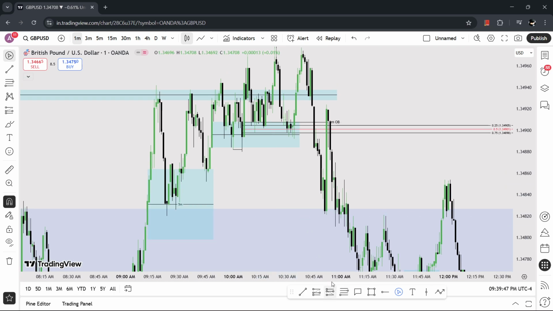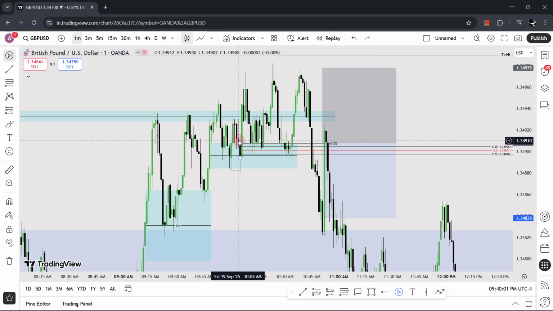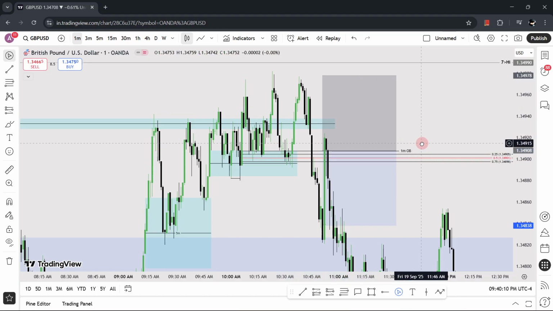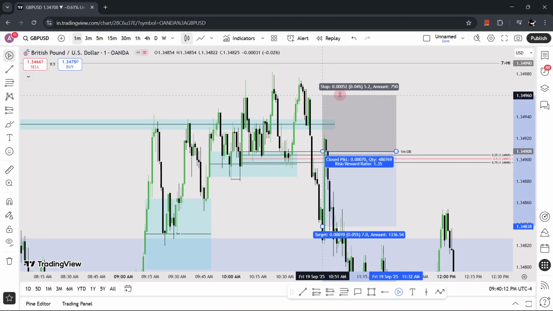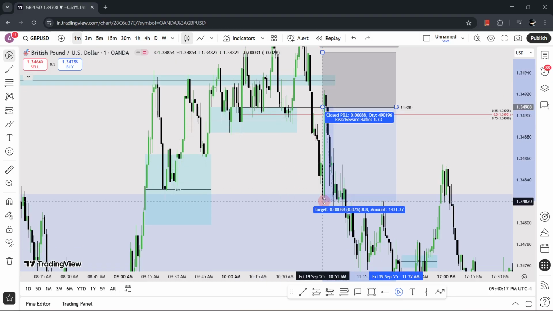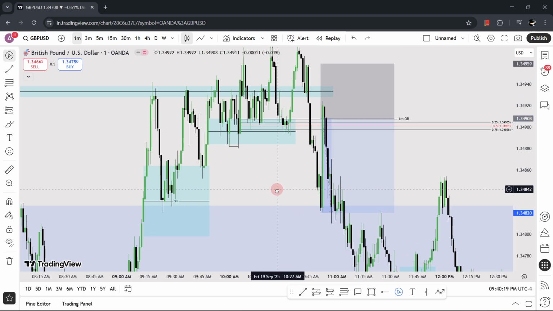Let's say you're going to enter from this order block candle here. You can make your stops just above this candle and target this level.